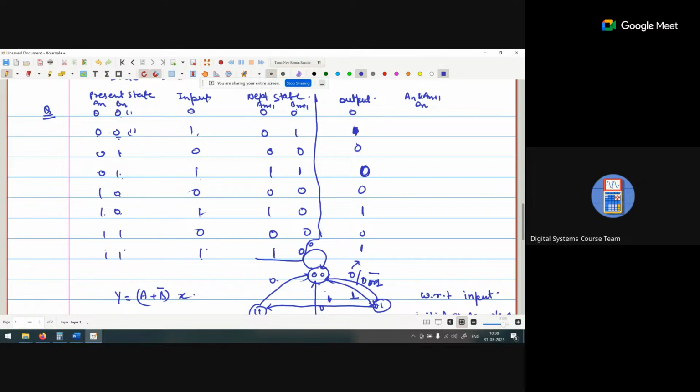Now we require the excitation table of the flip flop that we discussed in the flip flop part. Similarly, with respect to Bn and Bn plus 1, we calculate the Dn. That comes from the excitation table.